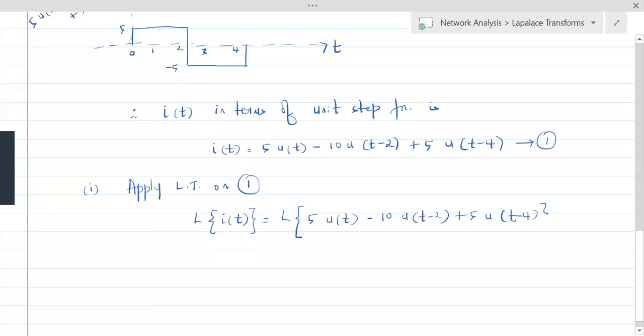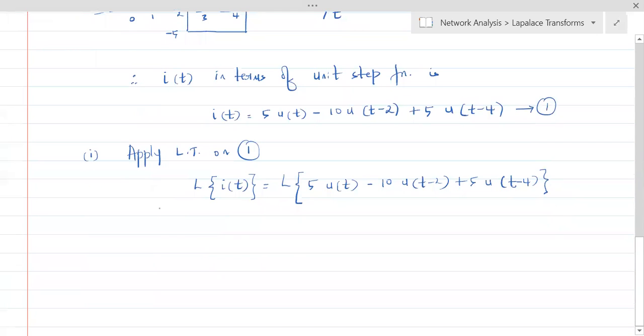Then I can say, using linearity property, Laplace transform of I of t can be represented as I of s.